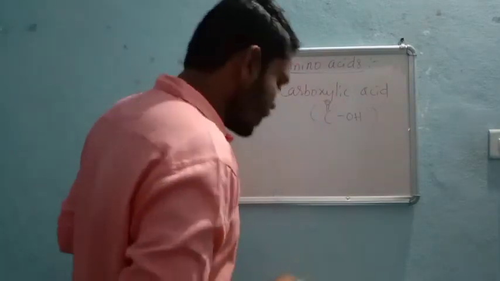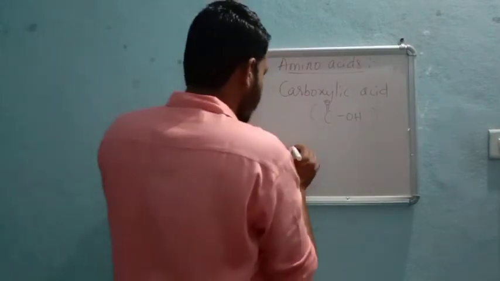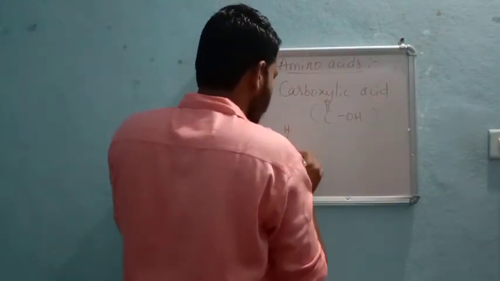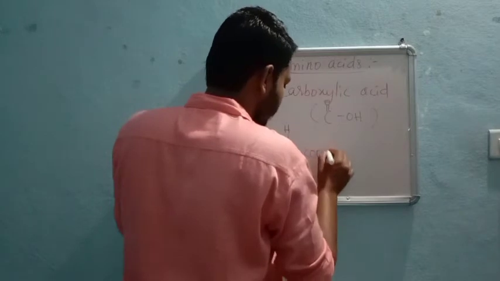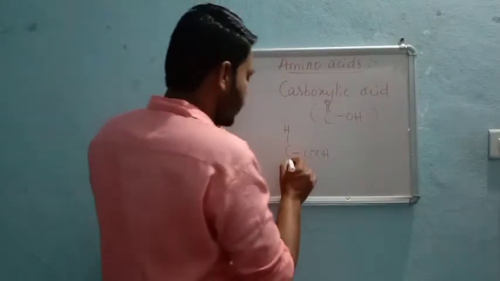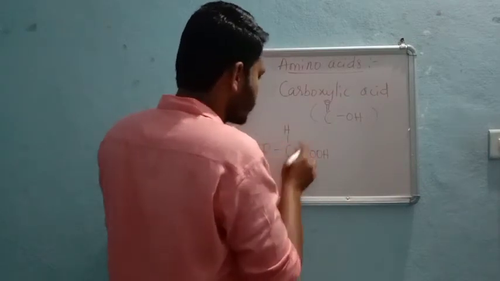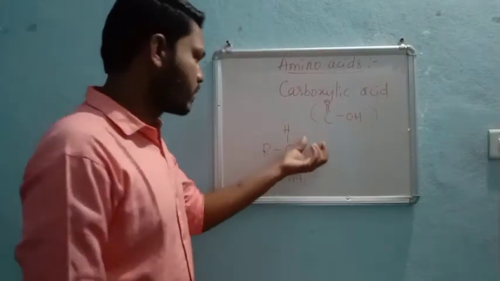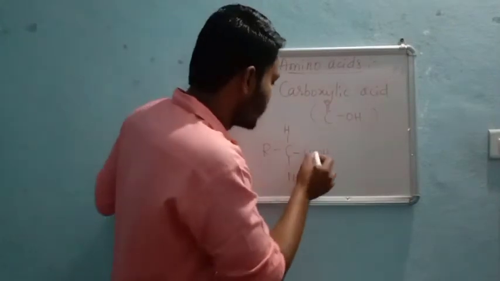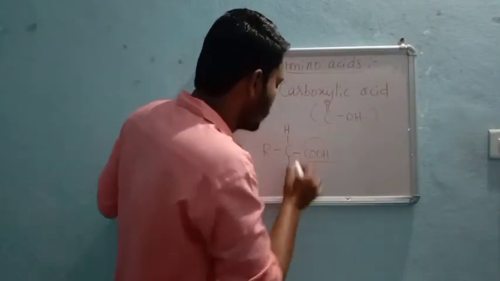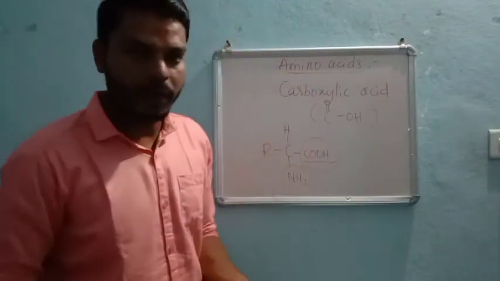That's why the name simply becomes amino acid, right? And the general representation looks like this, with R as I showed you just now. There is an acidic group and an amino group.